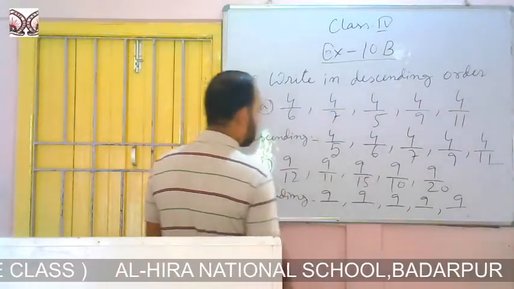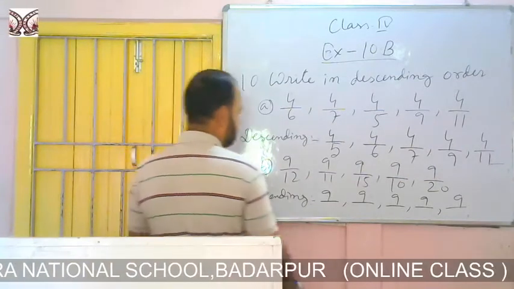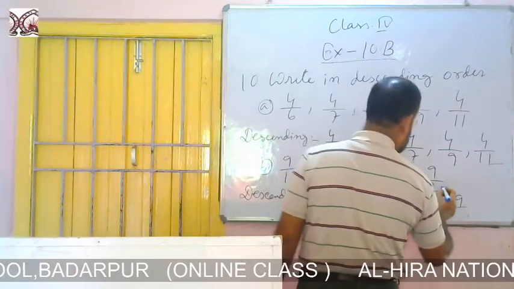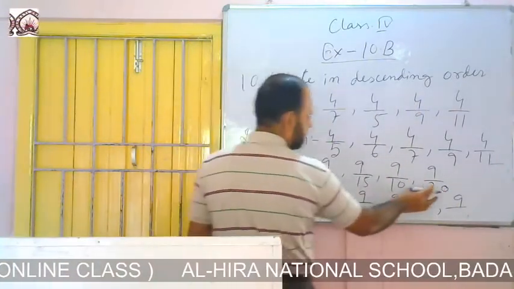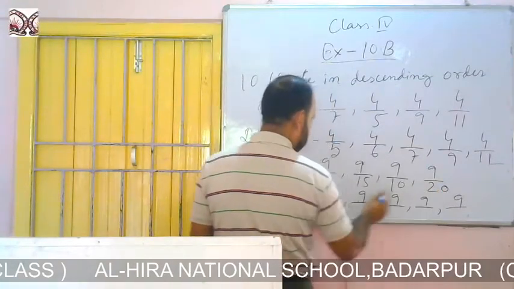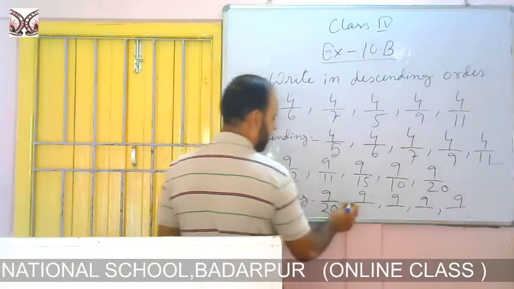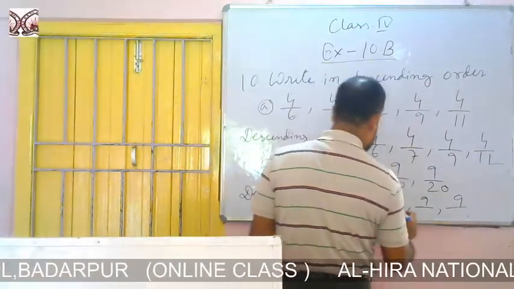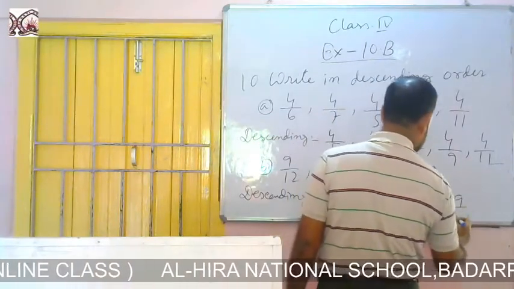If numerators are same, the greatest denominator gives the smallest number. Here the greatest denominator is 20, so 9 by 20 is the smallest. Next 9 by 15, next 9 by 12, next 9 by 11, next 9 by 10.